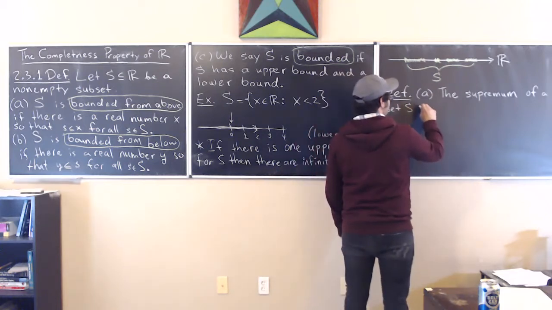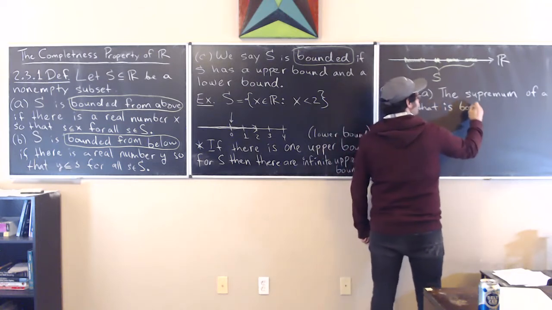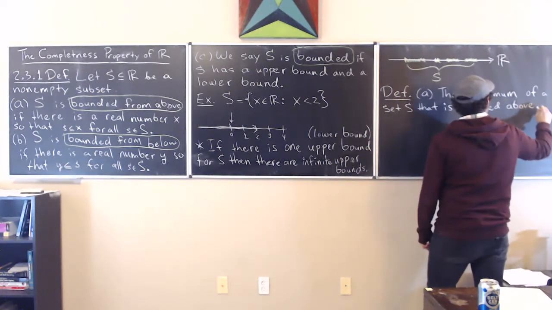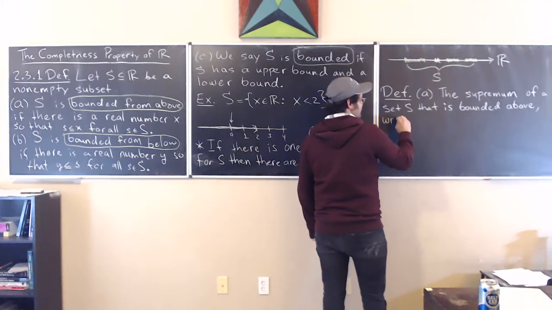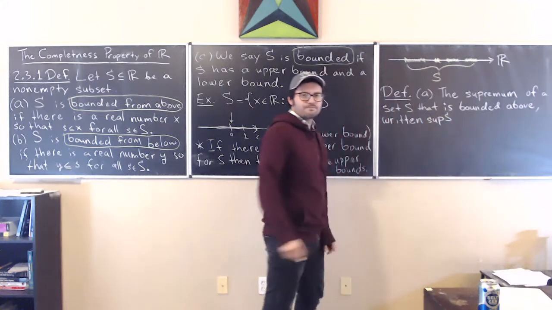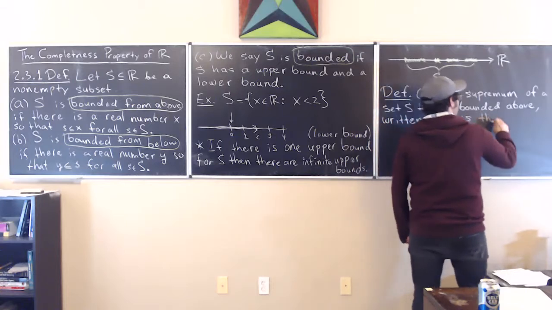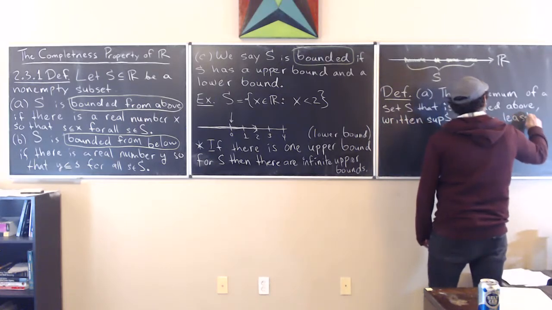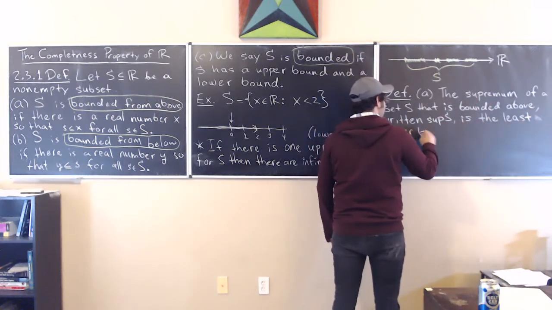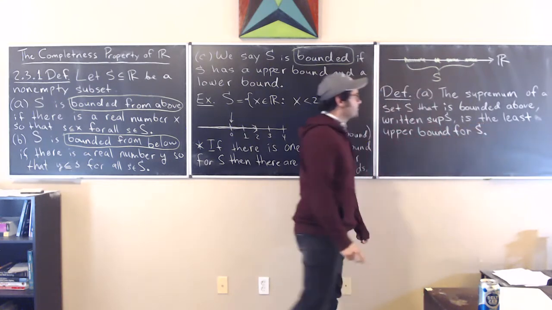So the set S, I'll go ahead and write that down, that is bounded above, and this is written sup S is the least upper bound for S. This is the supremum.